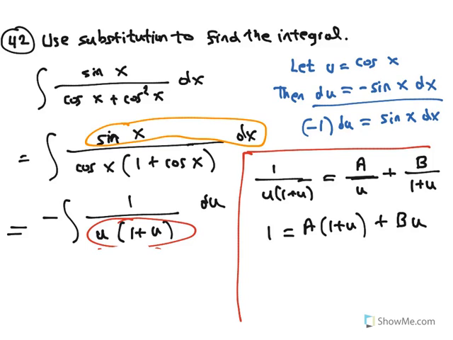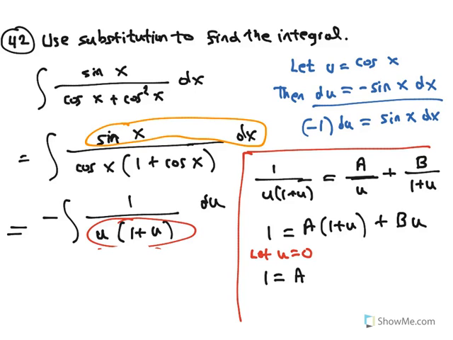And now we will assume that we have an identity for this basic equation and work backwards to find the values of a and b that would make this basic equation an identity. So we can let u be equal to 0. When u is equal to 0, we will have 1 is equal to a.